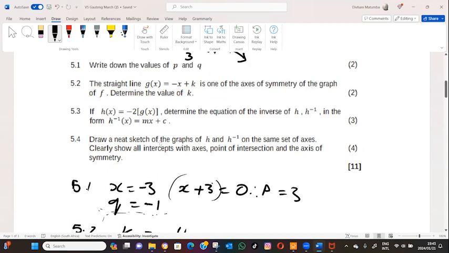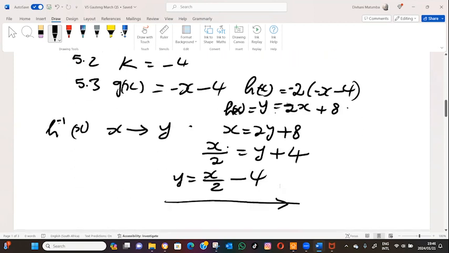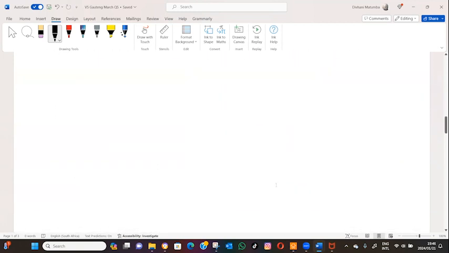They said draw a neat sketch of the graph of h and the inverse of h on the same axis. So before I even draw, I want you guys to visualize how it is going to look.